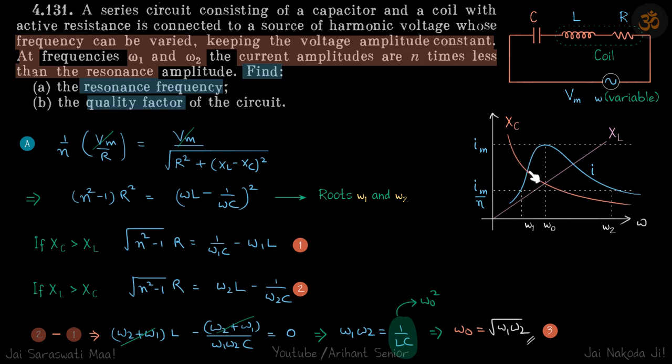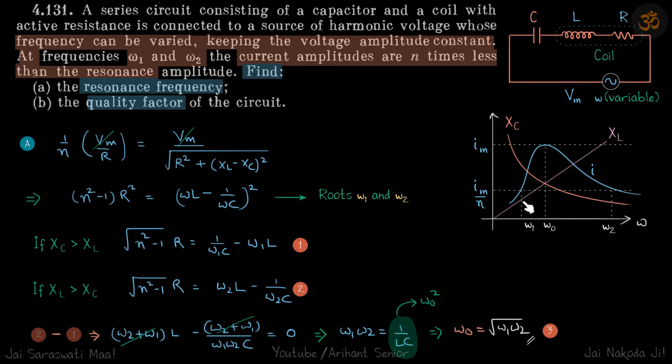You can see at omega 1, XC is more than XL. At omega 2, XL is more than XC. And at resonance, XL and XC are equal. That's why at resonance, this term will become 0. However, we are interested in these 2 points, omega 1 and omega 2.